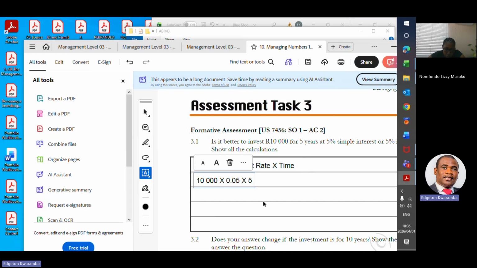So if you've got a calculator on your phone, 10,000 times 0.05 times 5 years. That gives 2,500.